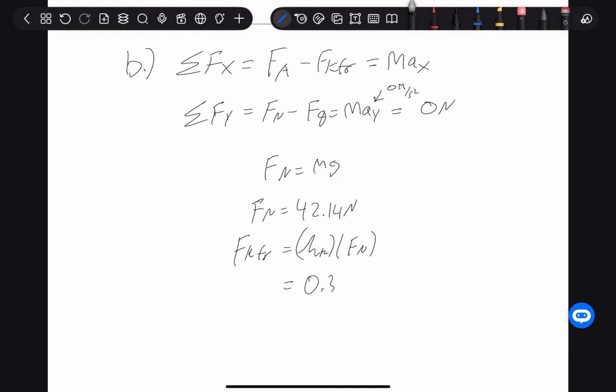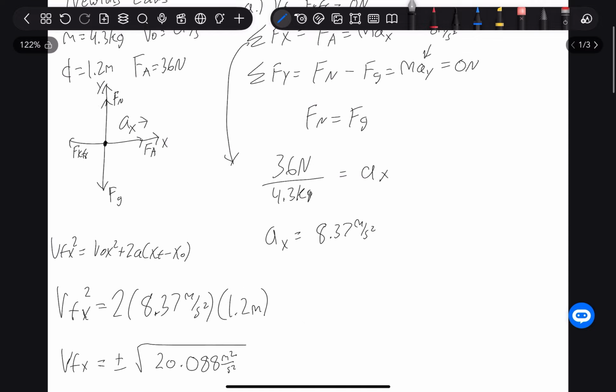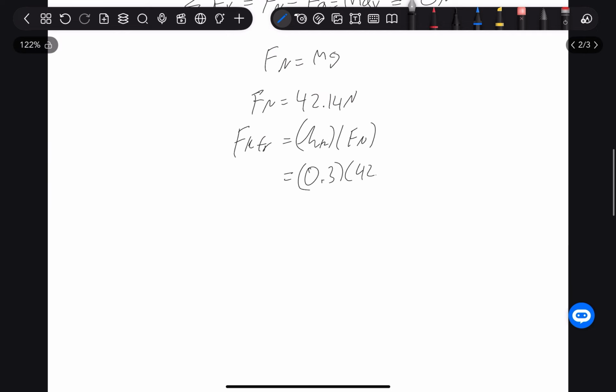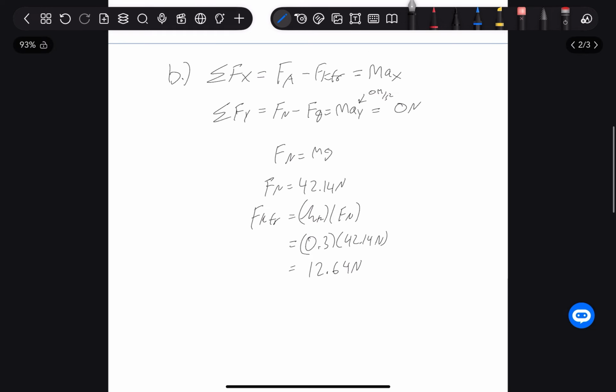And we were given that this was 0.3, I believe. Yes. And normal force we found is 42.14 newtons. And so I'm going to use my calculator to find that. So 12.64 is the value I get for the force of kinetic friction.